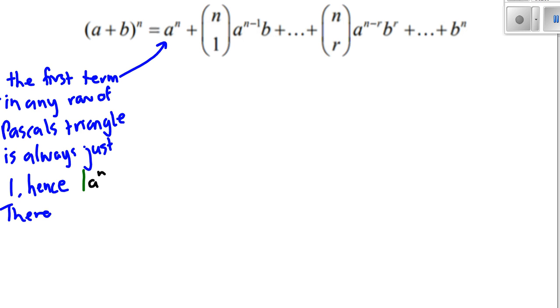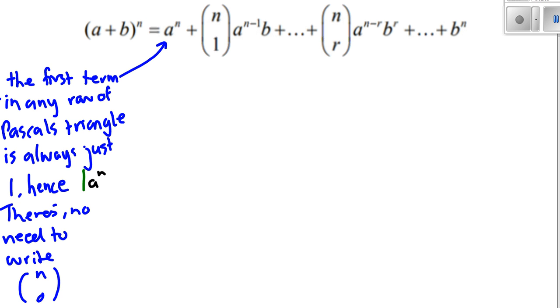There's no need to write n 0. So that's why they don't bother to write it; see, they start with n 1 up to n r. They don't bother to write n 0 because n 0 is just 1.